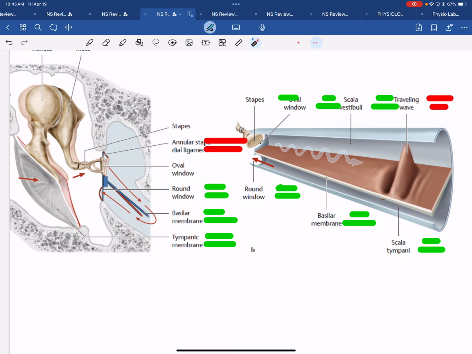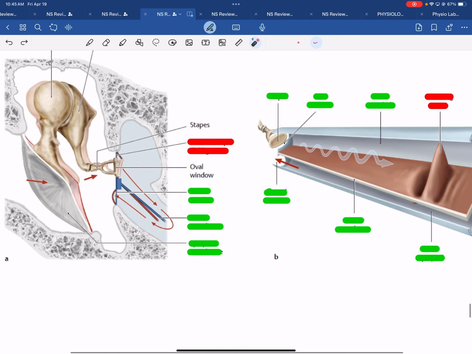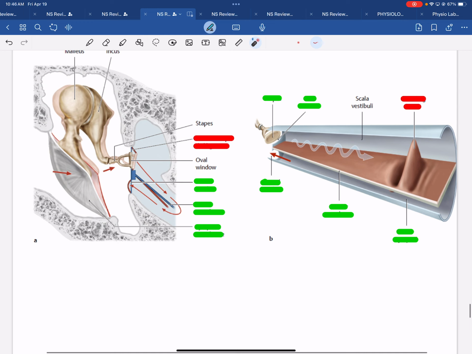So that's what all of this is. That's the vestibular duct, or scala vestibuli. And then depending on the frequency of the oscillation, it'll deflect the basilar membrane in certain locations. If it's high frequency, which part of the basilar membrane is deflected when the high frequency vibrations come in? Would that be high frequency closer to the oval window? Exactly. Good. And the low would be further away from the oval window.